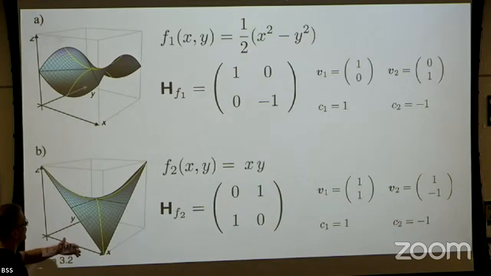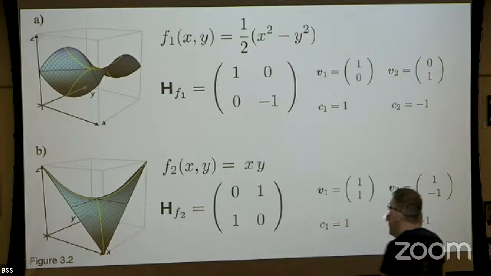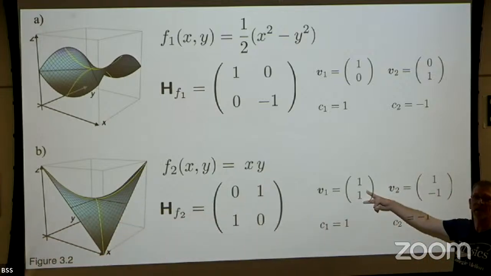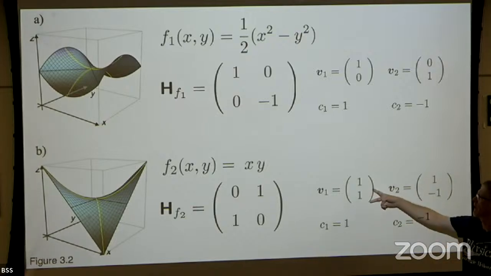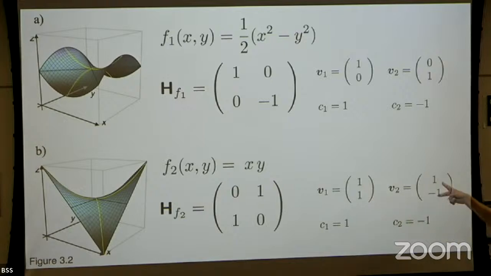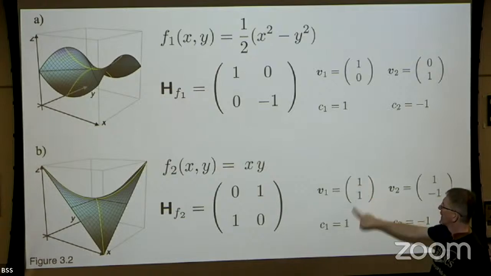So now x and y are not the eigendirections. But it's not too hard to figure out what the eigenvectors are. For instance, the vector 1, 1 is an eigenvector of this matrix. It's not normalized, but it doesn't have to be. So that's an eigendirection. This one here, 1, minus 1, is also an eigenvector, and it's perpendicular to this one. If I work out what the eigenvalues are, if I just take this matrix and multiply it by this, I just get 1.